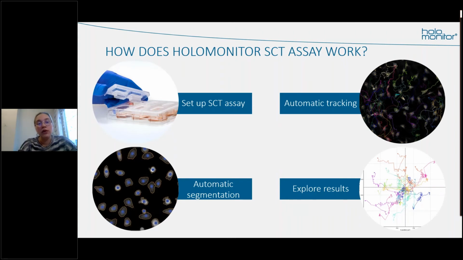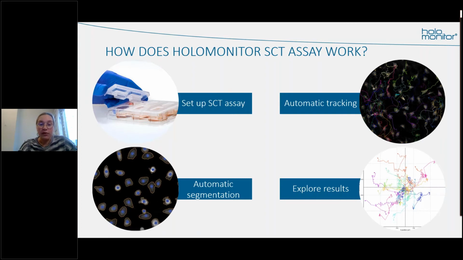On the other hand, the HoloMonitor Single Cell Tracking Assay needs no special preparation of the cells before imaging. You don't even have to move the cells outside the incubator. You just place the cell sample on the HoloMonitor and follow the guided setup for the assay and start to image your cells.